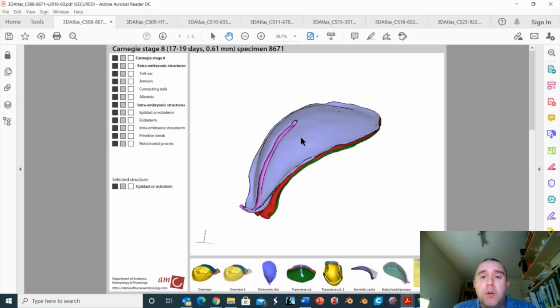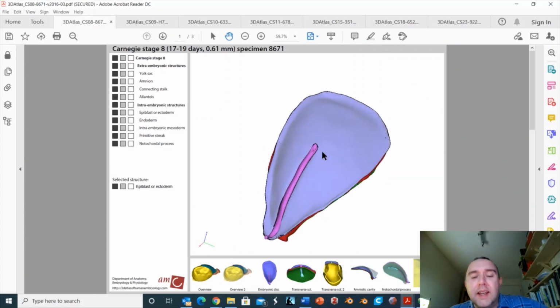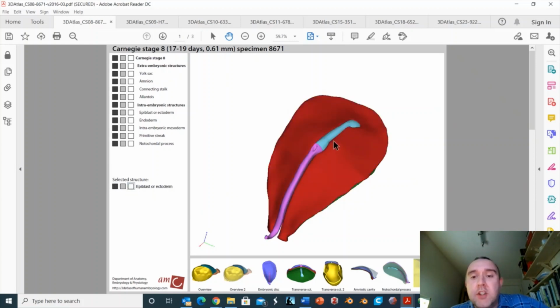Now, a very important part of the mesoderm grows cranially from the primitive pit here, and that is the notochord. And if I just hide the ectoderm, we should get a chance to see the notochord. So here we can see in pale blue the notochord, which grows cranially from the top of the primitive streak.